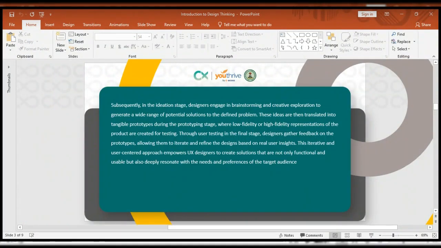And when they're interacting, a lot of us will drop positive and negative feedback. Once they drop this feedback, this is where you create a Google form with some questions, where they fill in their feedback and answer some questions. So once they've done that, this is what is meant by the testing stage.